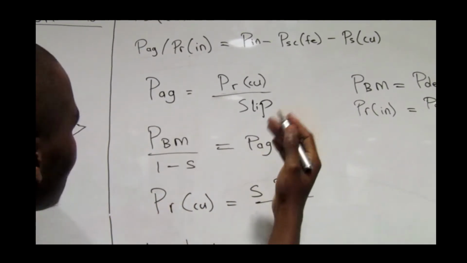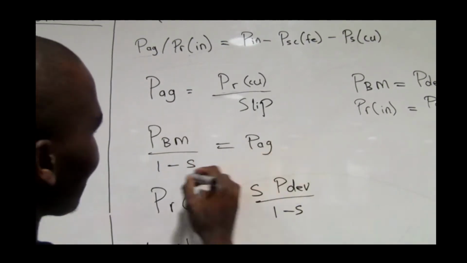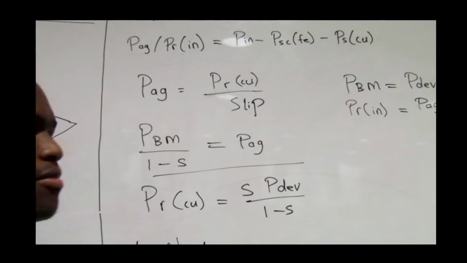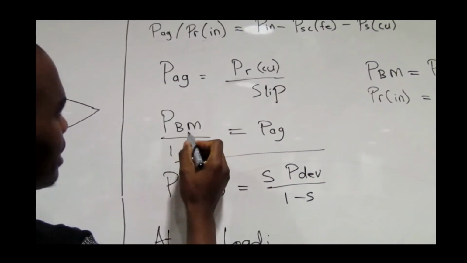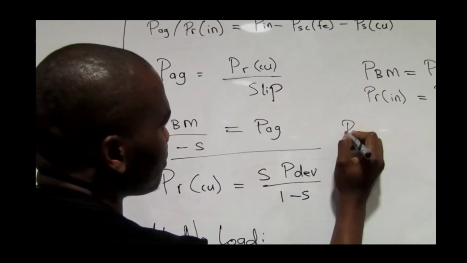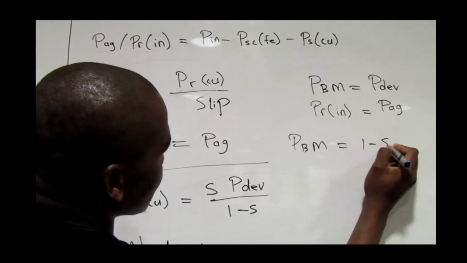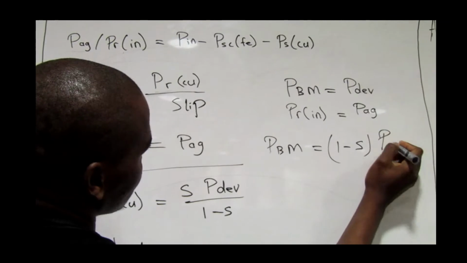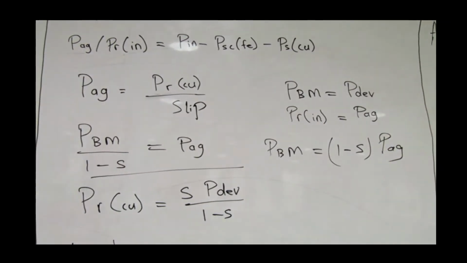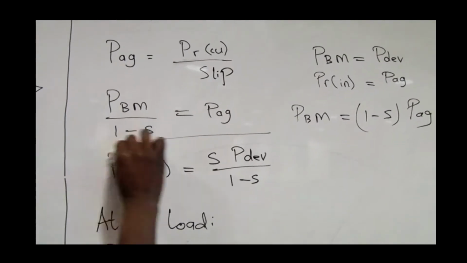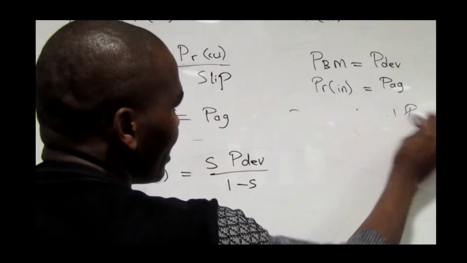It can also be given by P_DEV divided by 1 minus S, where S is also the slip. This formula can be derived anyhow. For example, if they say calculate P_DEV, it is just P_DEV equals 1 minus S times P_AG. That's straightforward, I hope you understand that one, guys.